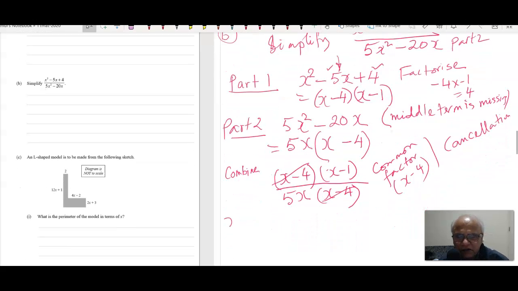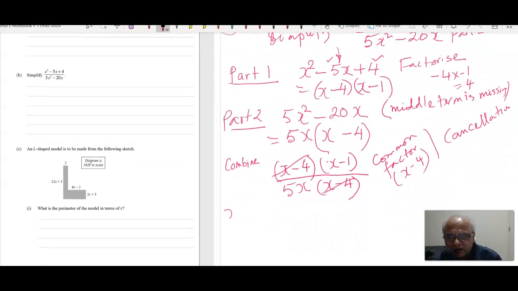Now once you've done that, the expression becomes a pretty tidy, clean x minus 1 over 5x. Now you got to ask yourself a question.